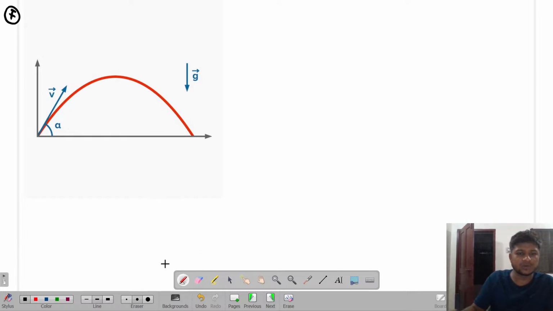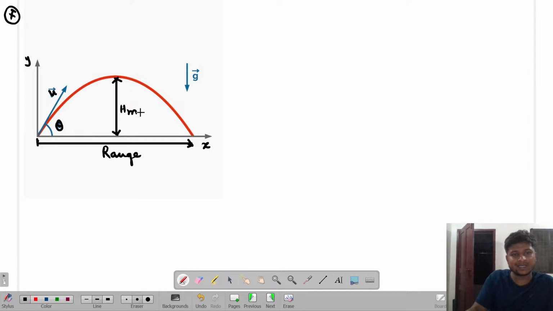If I project this particle not with V, let us consider it as U. And this alpha is not, it is theta basically. Are you able to get me or not? So basically this is the y coordinate, this is the x coordinate. This is the range of the particle. Got it? This is the maximum height of the particle.